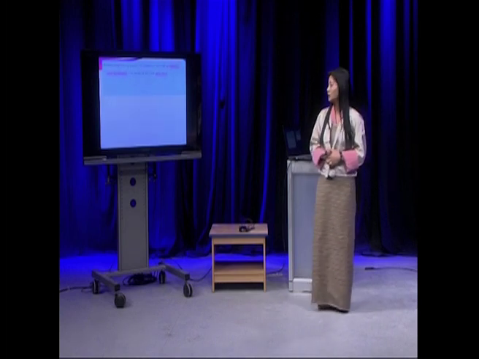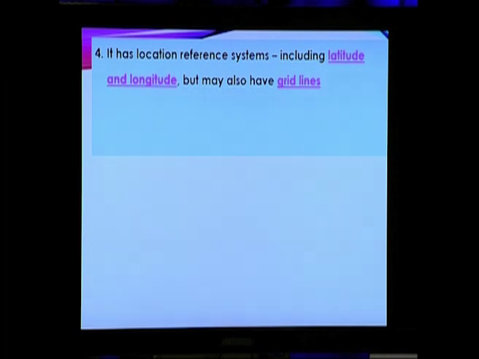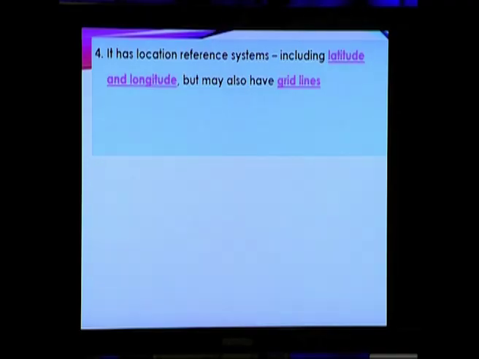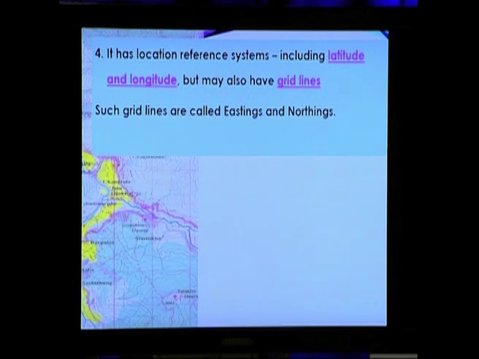The last one, it has location reference systems. It gives you the exact location of a place using latitudes and longitudes. And in place of latitudes and longitudes, we also call them grid lines. And these grid lines are called eastings and northings.